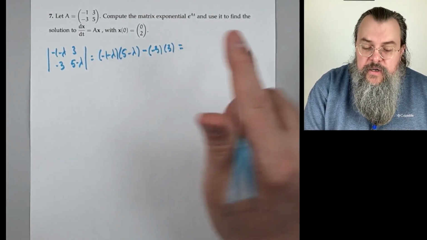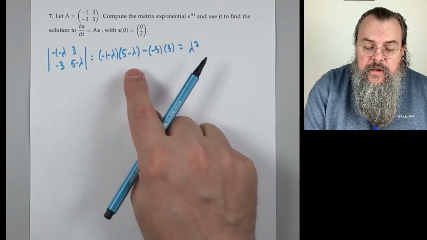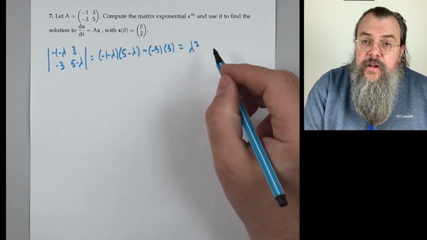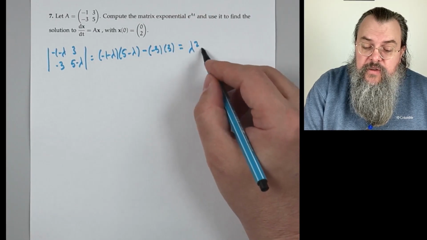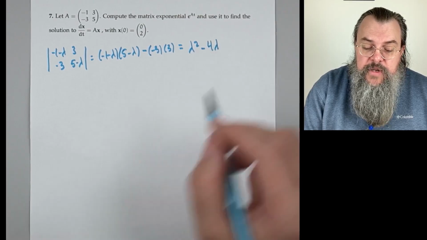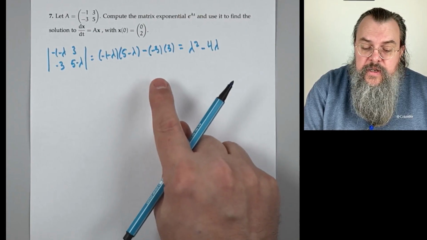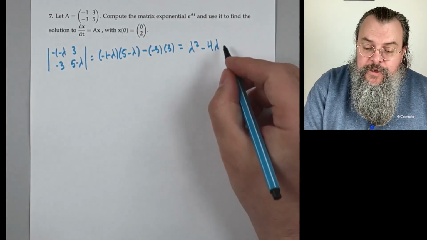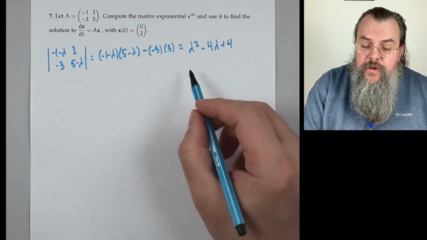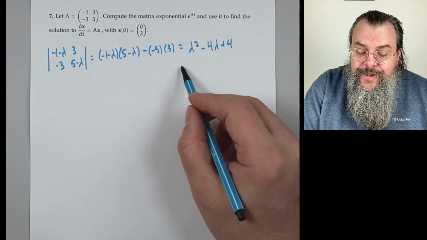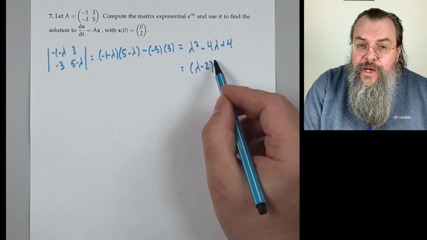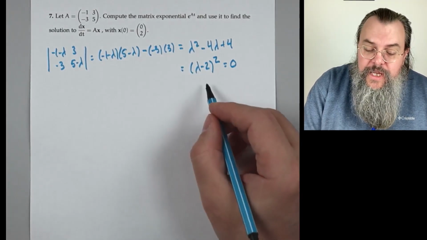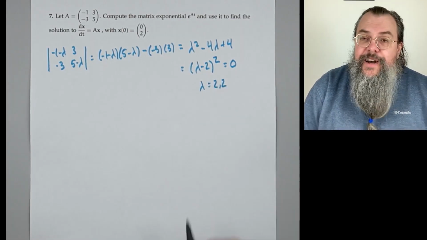We get lambda squared, nice, and then we'll have minus 5 lambda and a plus lambda, and so that's, let's see, minus 5 plus 1 makes minus 4 lambda, and then we have minus 5 plus 9, which makes that plus 4. Does that factor? It does. That's lambda minus 2 squared equals 0, which means repeated eigenvalues.